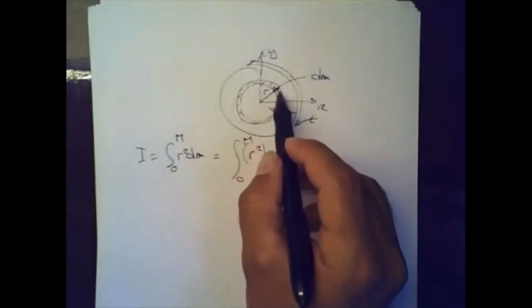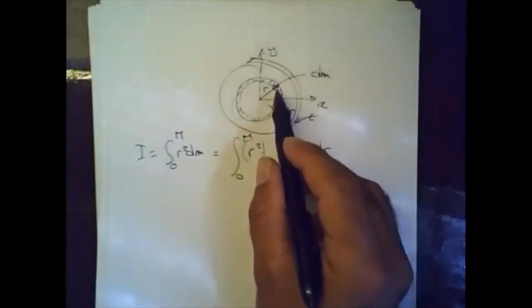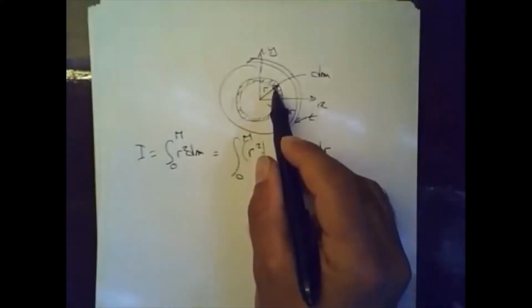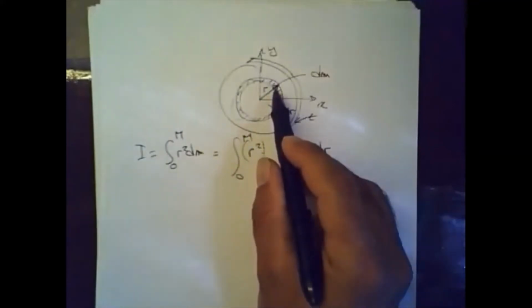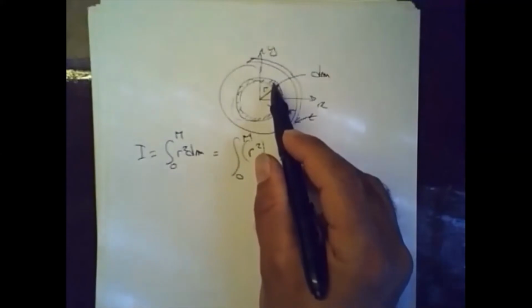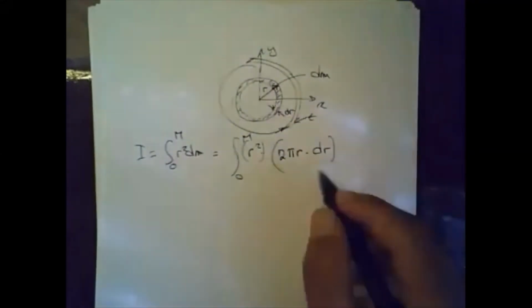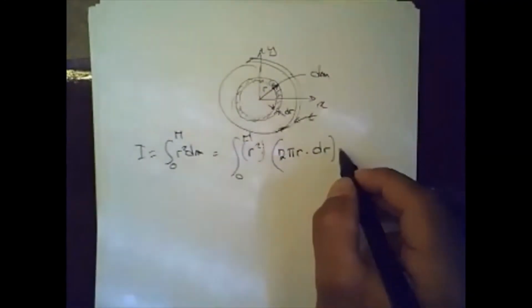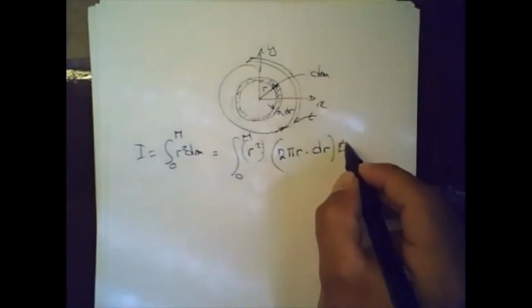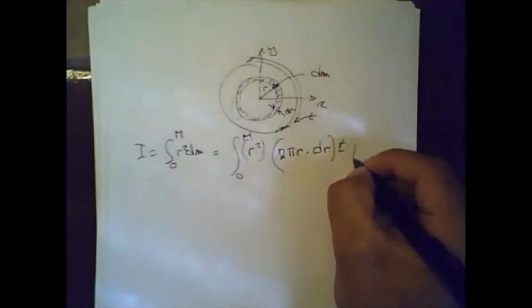If dr is very small, the perimeter multiplied by dr gives you the surface area of this ring over here. And this has to be multiplied by the thickness, and again by rho.